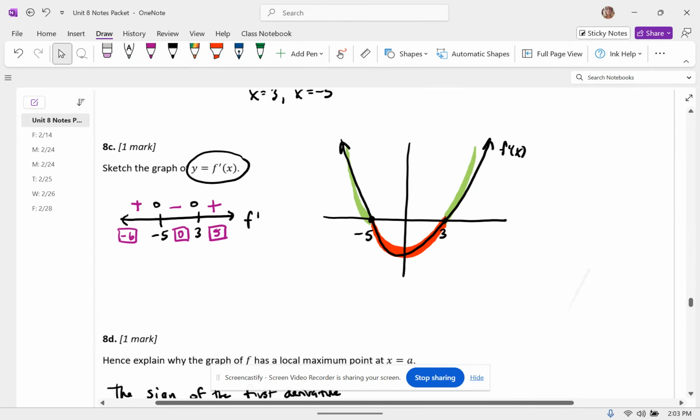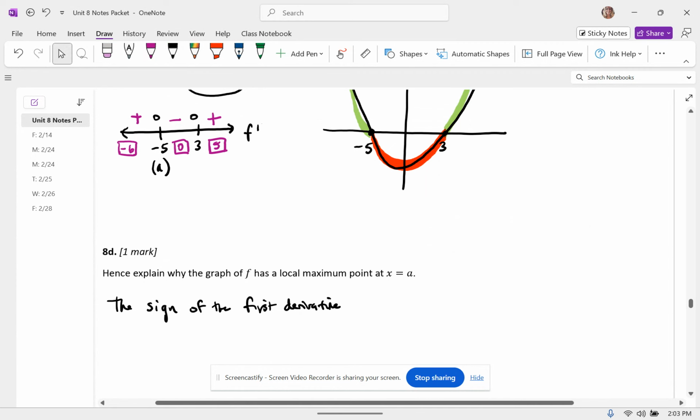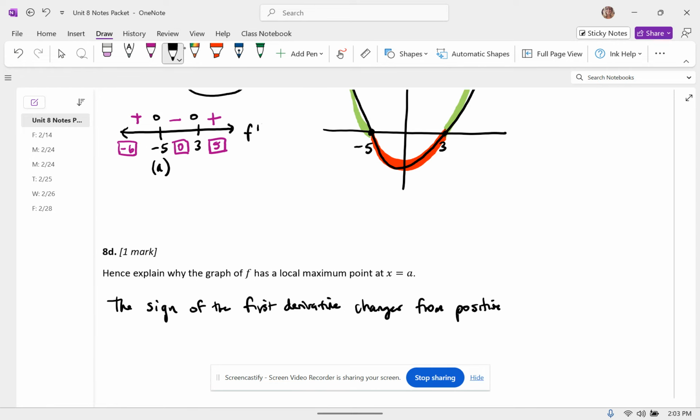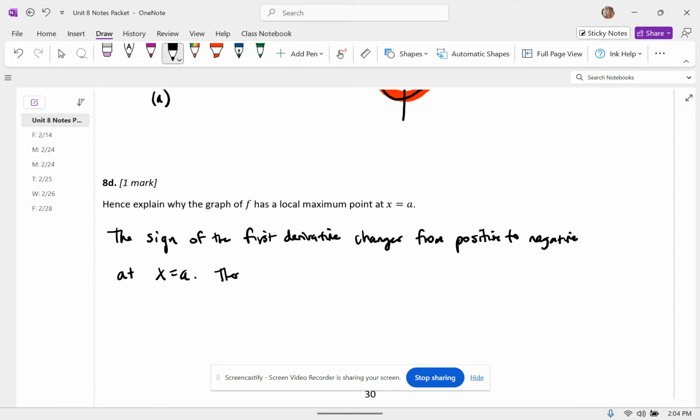A was equal to -5, so this is a. Okay, the sign of the first derivative changes from positive to negative at x equals a. Therefore, there is a max at x equals a.